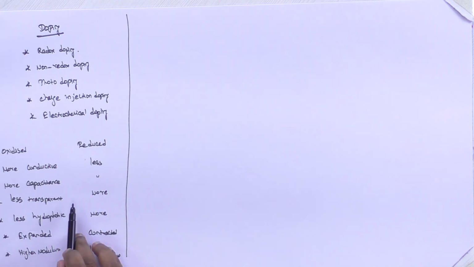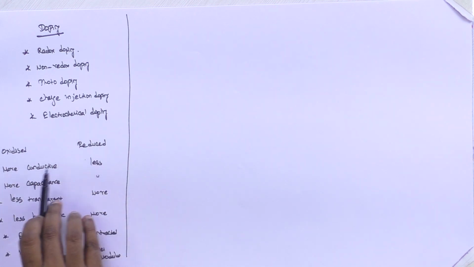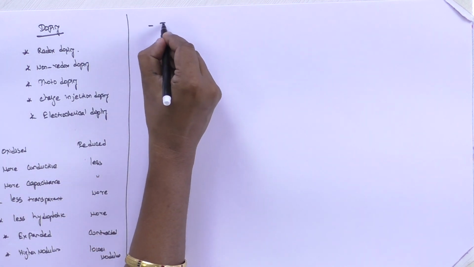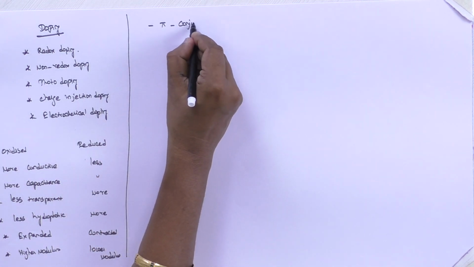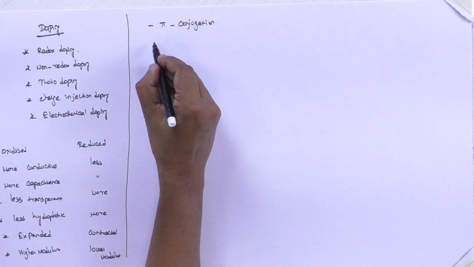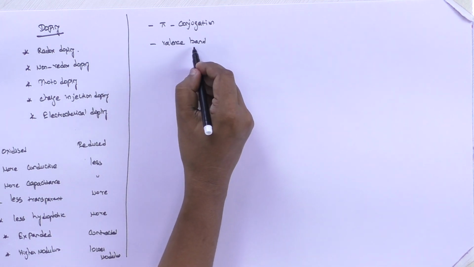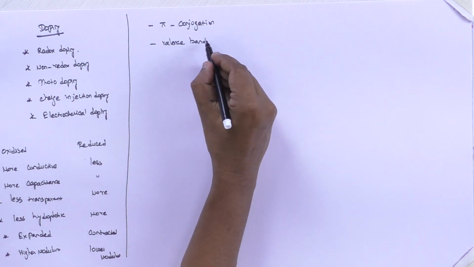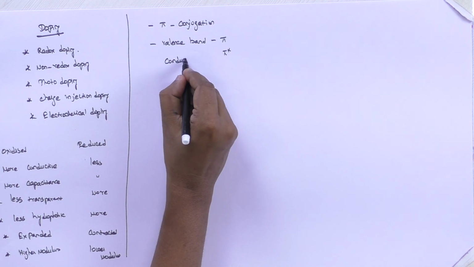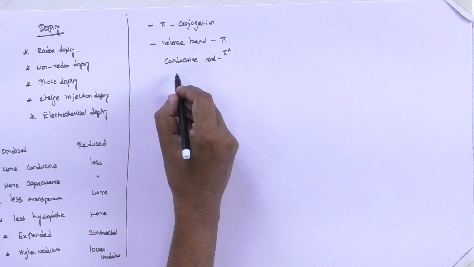Conductive polymers are conductors in the appropriate oxidized or reduced state, due to their unique extended pi conjugation. The overlapped pi orbitals form a valence band. It is not a bond, it is a valence band. It forms a valence band, and the pi star orbitals form a conduction band.